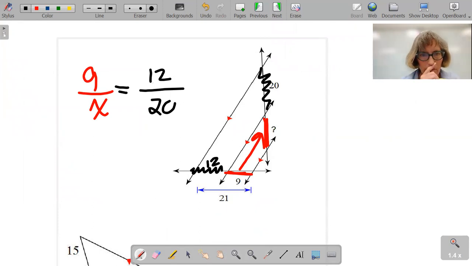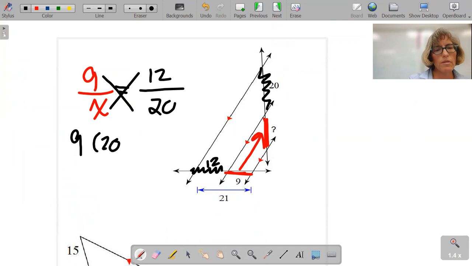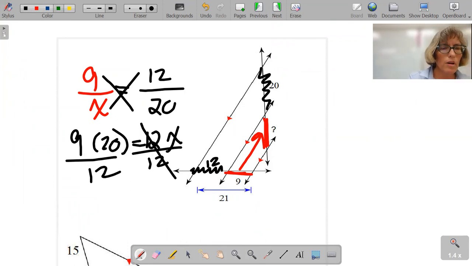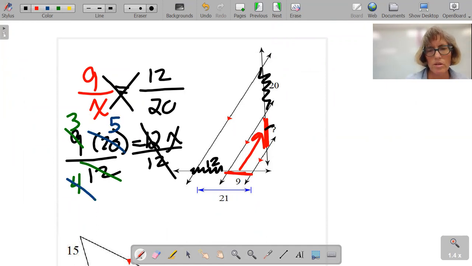Now we cross multiply. 9 times 20, 12 times x. All right, 3 goes in there 3 times, 3 goes in there 4 times, 4 goes into 20 5 times, so x is 15.